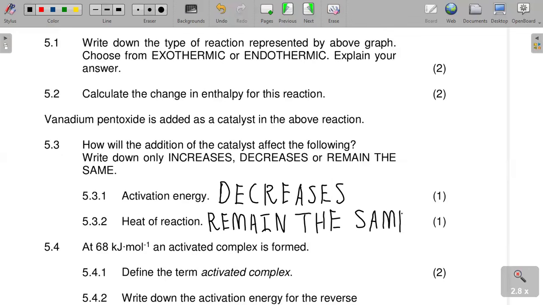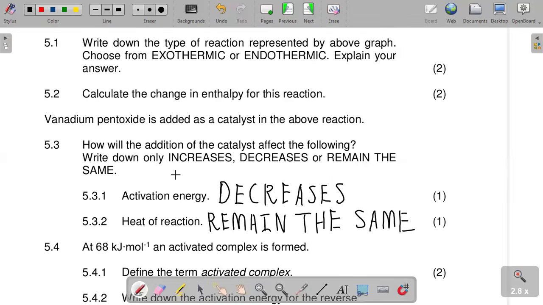These are 1 mark, 1 mark, 1 mark for 5.3. The heat of the reaction is not affected by the catalyst. It will remain the same.